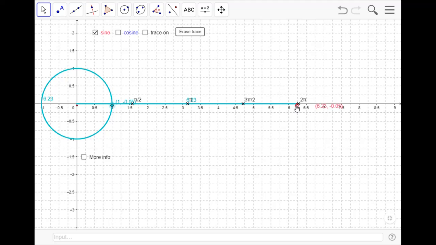Let us draw the graph of the sine function from whatever you have observed. If you trace the points and join them, you will get the graph of the sine function. Now see here how the graph of the sine function is.